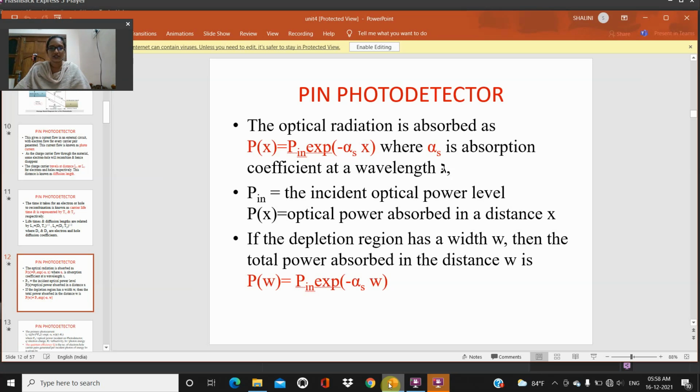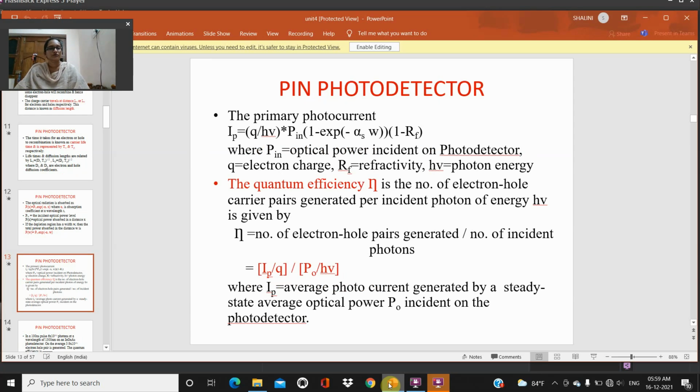If the depletion region has a width w, then the total power absorbed in the distance w is P of w equal to Pin times exponential of minus alpha s into w.